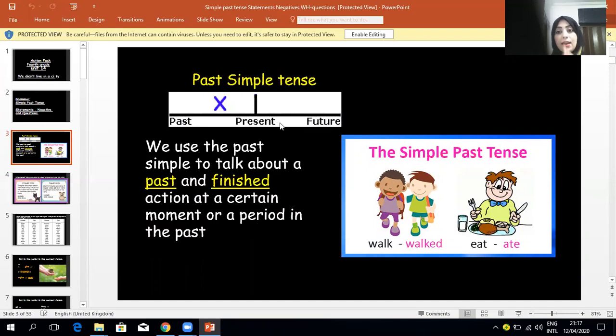When we use the simple past tense, it's an action that started and ended in the past before now. Understood? So here we have the started action, and here we have the finished action before now.